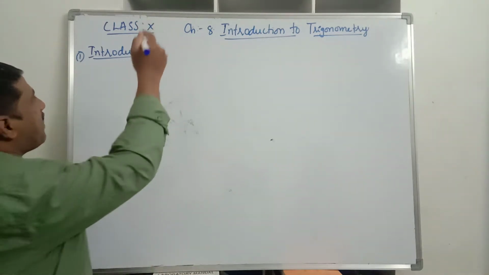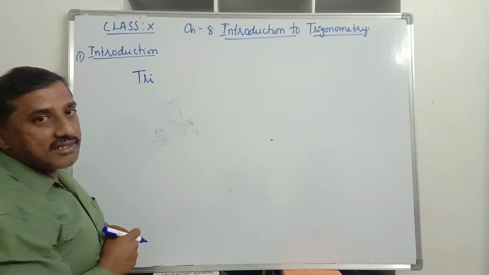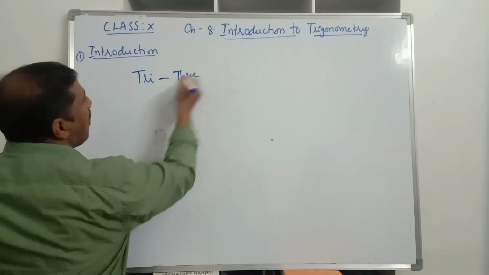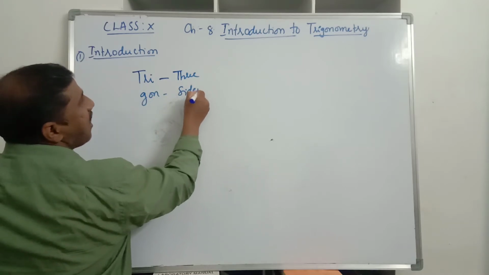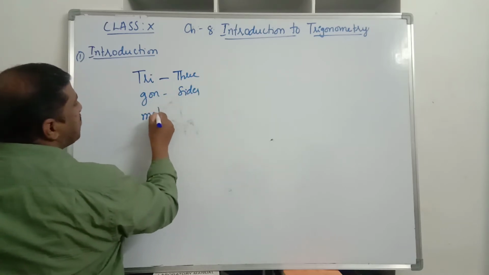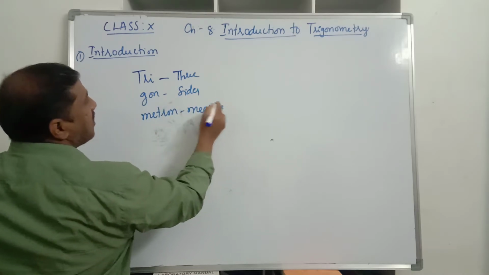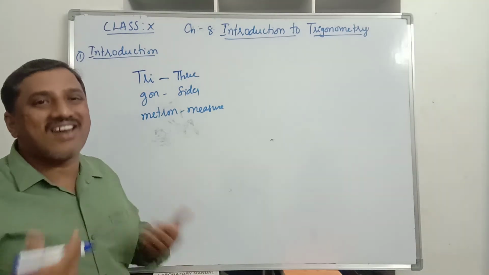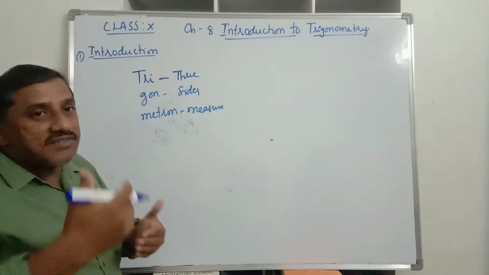Now the word trigonometry is derived from Greek words: tri means 3, gon means sides, the length of the sides, and metron means measure. So what do we call a three-sided figure? A triangle. So it is the study of a three-sided figure.